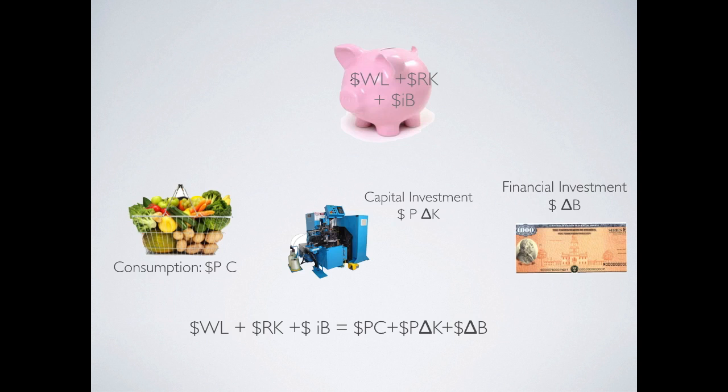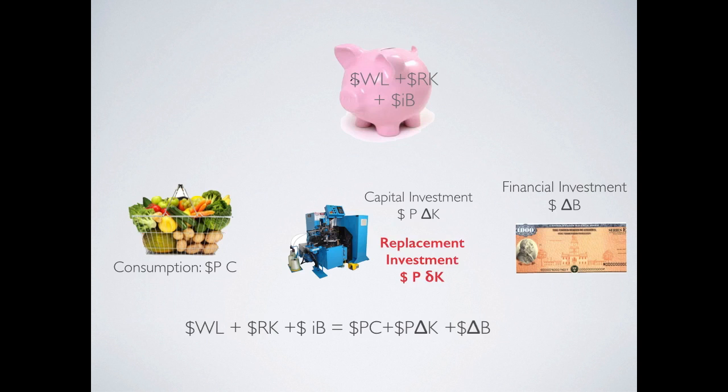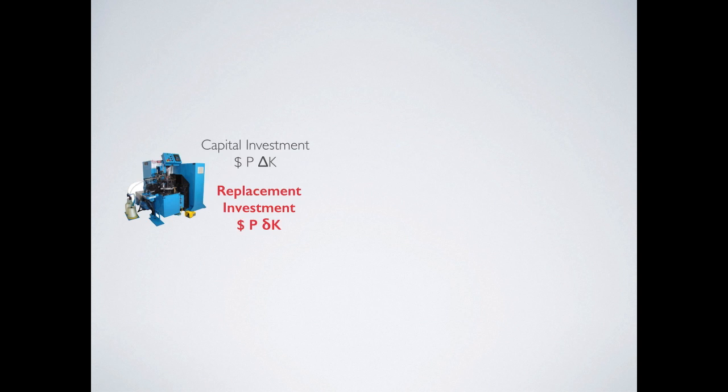So if we consider capital depreciation in our model, then of the three parts of expenditures, the middle part, capital investment, has to include replacement investment, which is equal to P times delta K. So our household budget constraint would be modified as the bottom equation. In addition, there are two parts of investment related to machines.